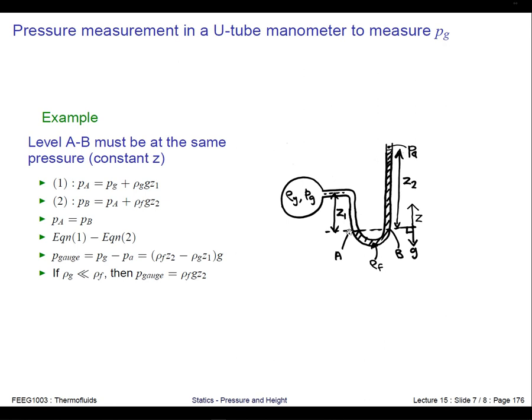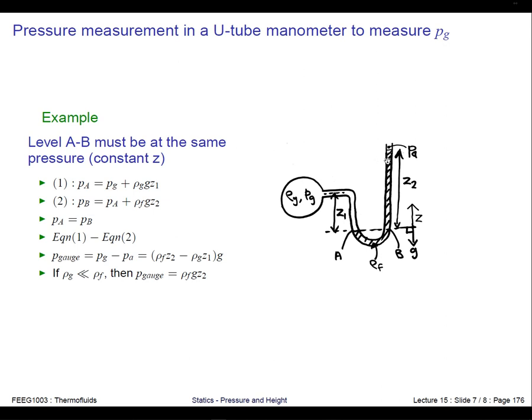Then I can do the same thing and ask, what's my pressure at point B? This is at the same height as point A, so this pressure and this pressure are the same, and this pressure here is going to be equal to whatever is going on above this point.